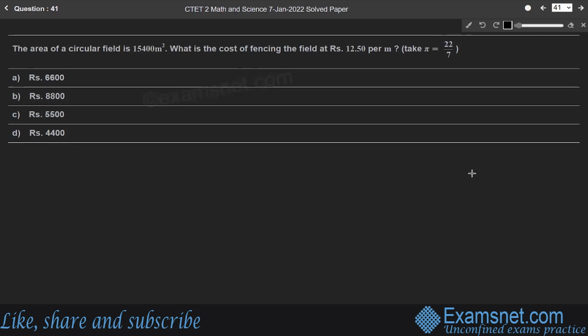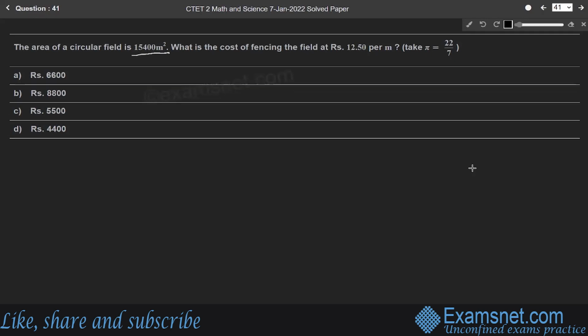Question 41. The area of a circular field is 15,400 meters square. What is the cost of fencing the field at rupees 12.50 per meter? Take pi as 22 by 7. So given area of a circular field A is equal to 15,400 meters square.